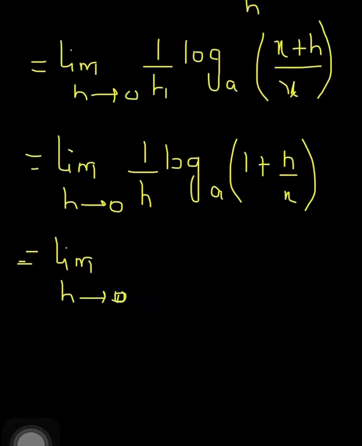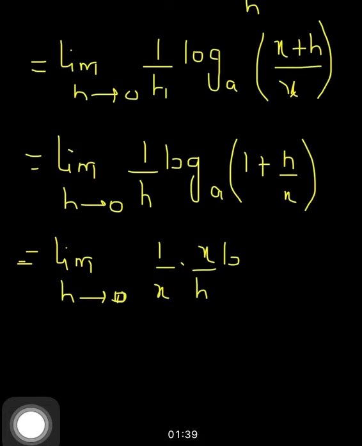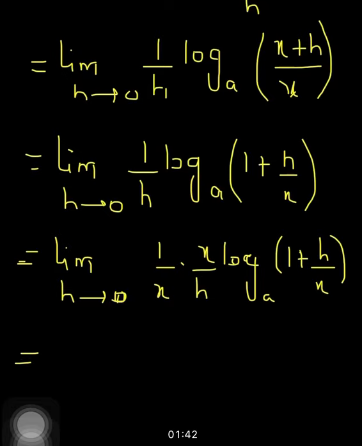Now in the next step, I multiply this equation by x divided by x, so that doesn't change the equation. Multiplying x divided by x with this term, I get 1 over x into x over h log base a of 1 plus h over x.